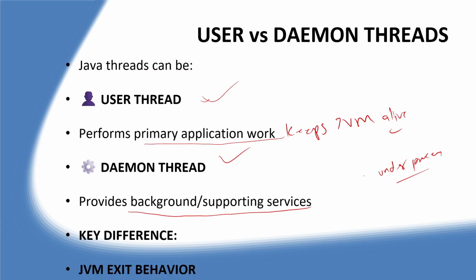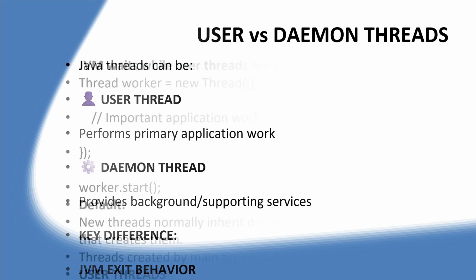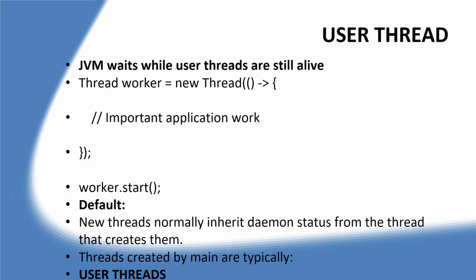To understand that, let's first look at user threads. A user thread is a non-daemon thread. As long as at least one user thread is alive, the JVM normally continues running. For example, suppose the main thread creates a worker thread to perform some task.